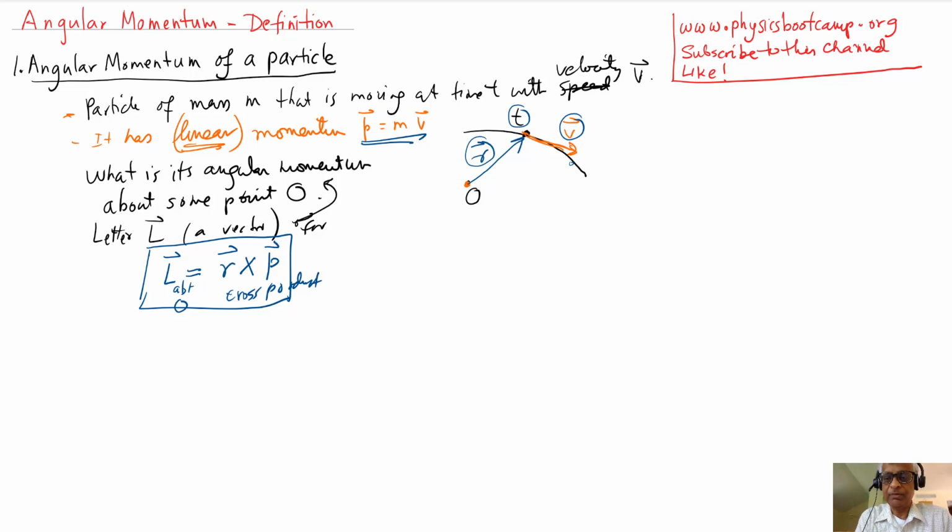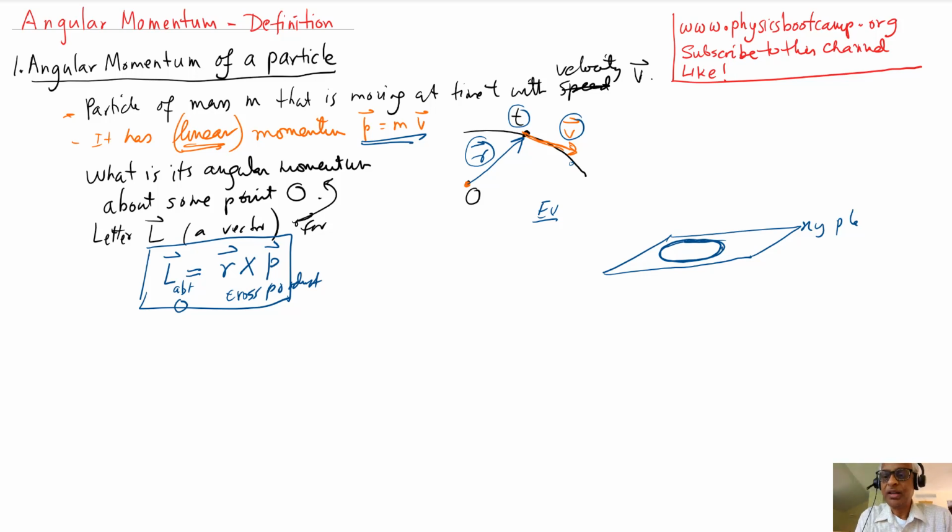So here is an xy plane. This is an example, xy plane, and maybe something is going in a circle. Maybe you're driving a car around a circle, what have you.